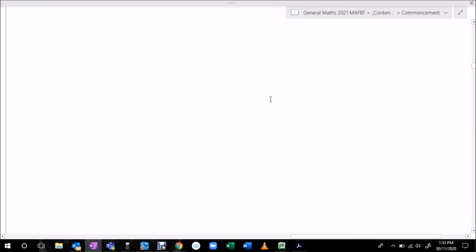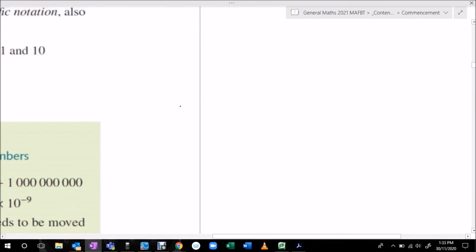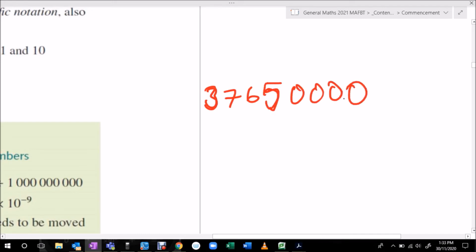Okay, let's try another one. I would encourage you to write these examples down if you want to. Let's say you have 3, 7, 6, 5, and then 1, 2, 3, 4 zeros. This is my number. With a number like this, you want to put the decimal point just after that first number.